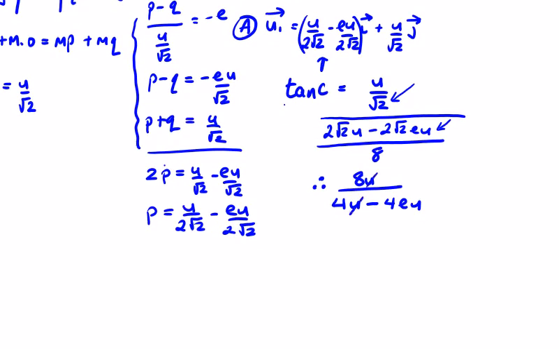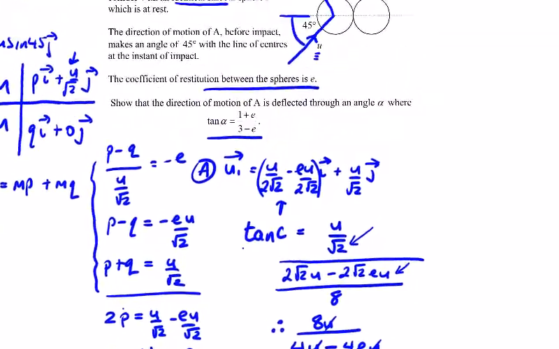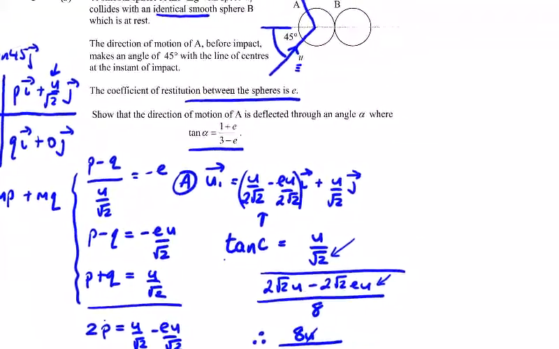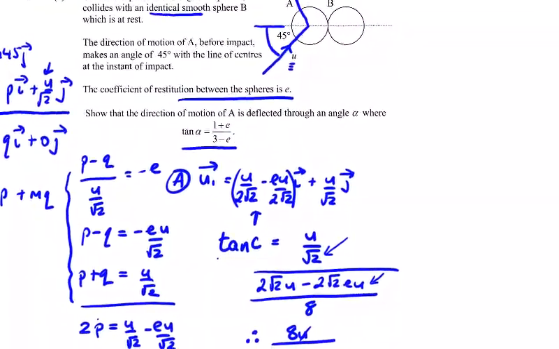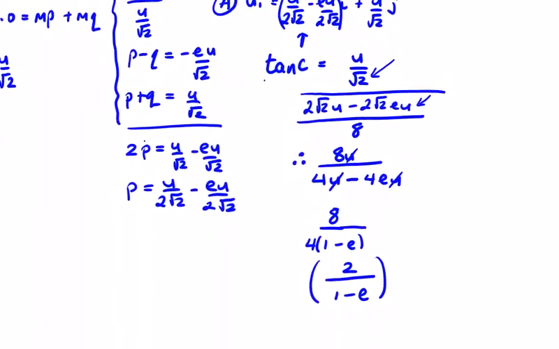The u's I can divide by now. So I'm going to get 8 over 4 times 1 minus e, which is 2 over 1 minus e. This is the tan of the angle. We're asked to show that the direction of motion is 1 plus e over 3 minus e.